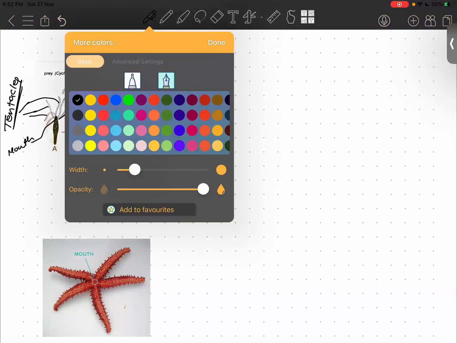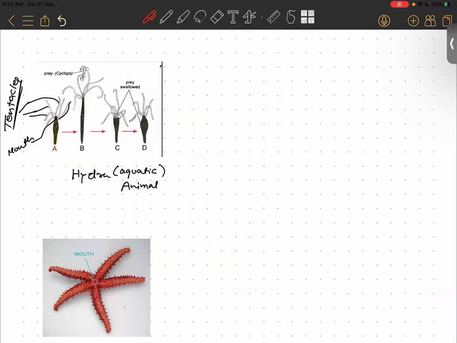Now when a prey comes nearby the tentacles, the hydra traps the prey with the help of its tentacles, and it starts to inject poisonous material into the body of the prey, and the prey dies there.